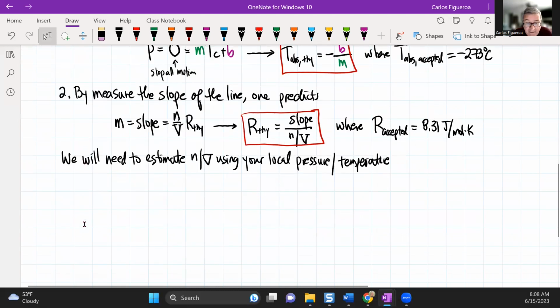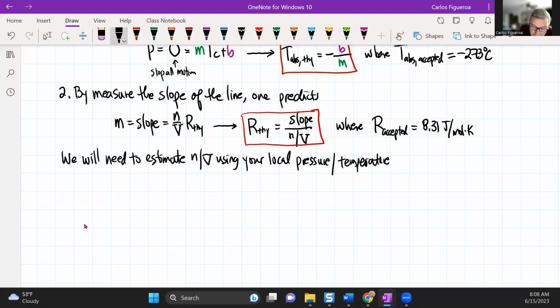And we'll talk about that later. So what we're going to do here is that in order to do this, I already said here that we're going to create a constant volume temperature thermometer to plot pressure versus volumes.